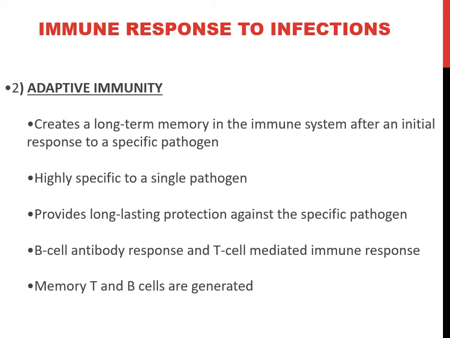So the adaptive immune system is going to be that part of the immune system that's going to make specific antibodies, which are proteins that directly attack a pathogen, and it'll have a memory for that specific virus so that you never get it again, right? So the adaptive immune system takes a bit of time to take effect.